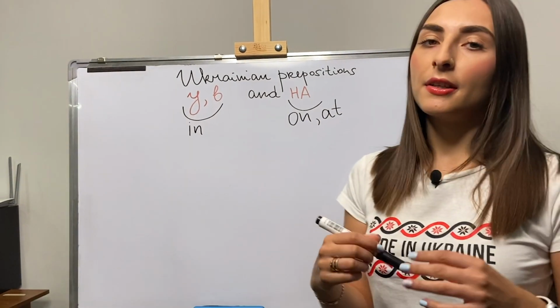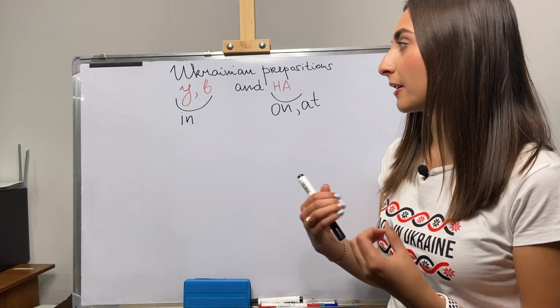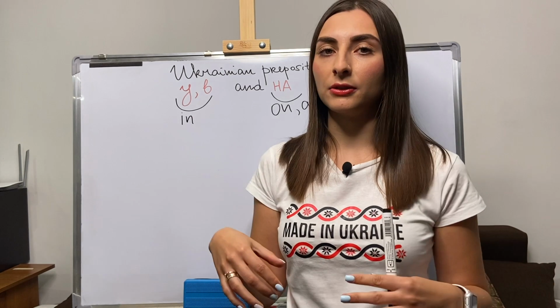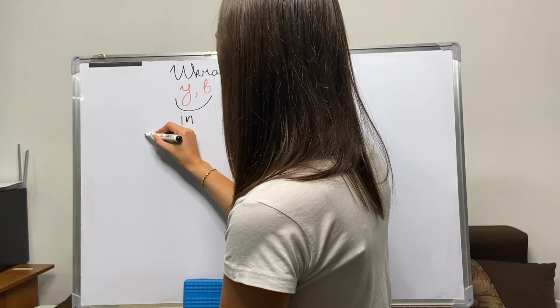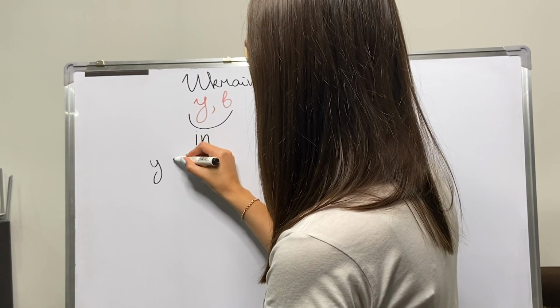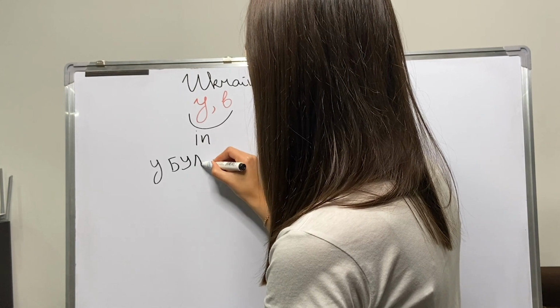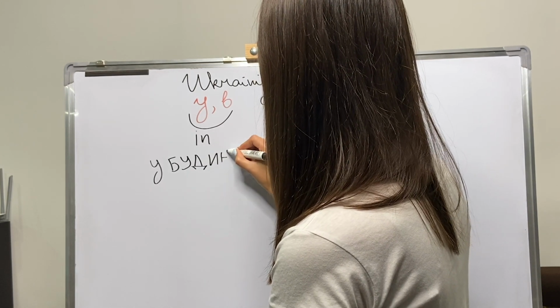Let me give you some examples of how we use them, because it's very important. For example, you want to say "in the house". How do you say "in the house" in the Ukrainian language? We say у будинку.